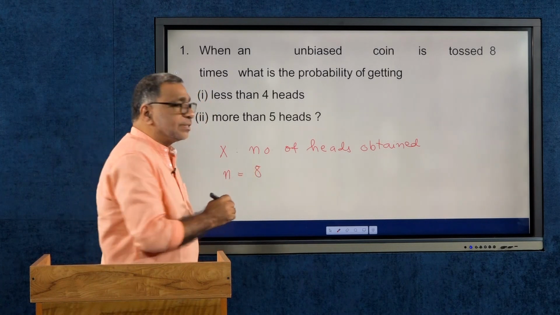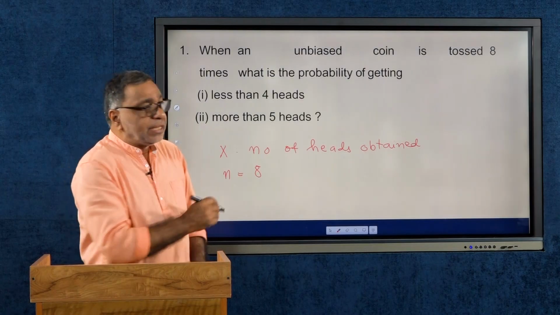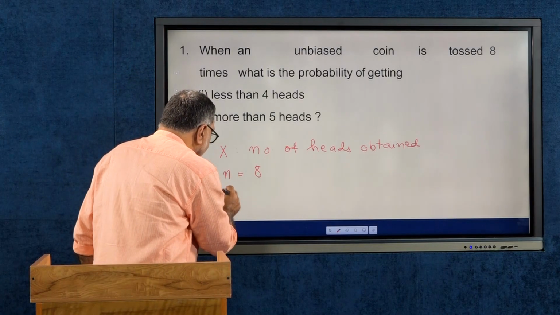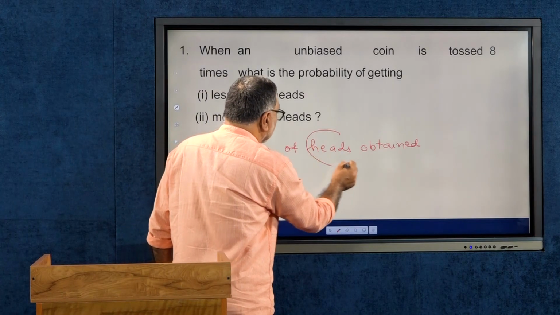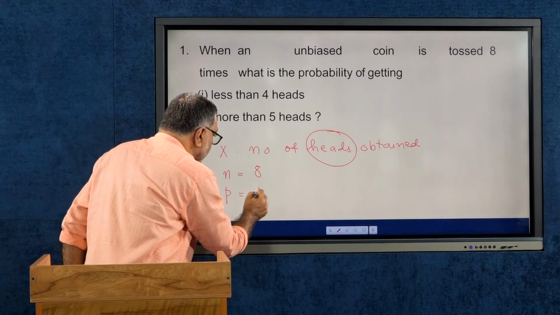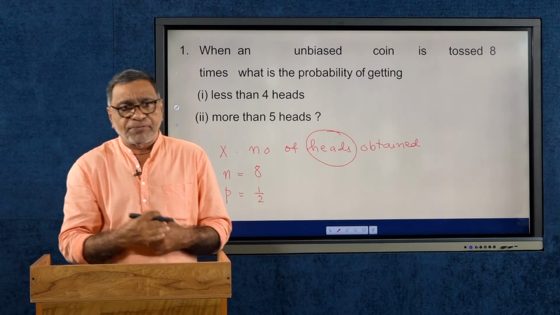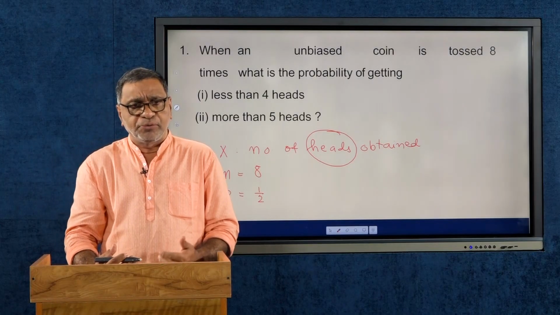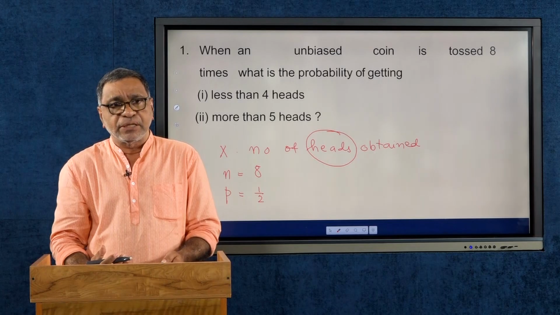So, n is equal to 8. And of course, p is the probability of getting success, and here our success is getting head. For a coin tossing experiment, we know the probability of getting head is equal to 1 by 2, and the probability of getting tail is also 1 by 2. So, p is equal to 1 by 2 and q is equal to 1 by 2.